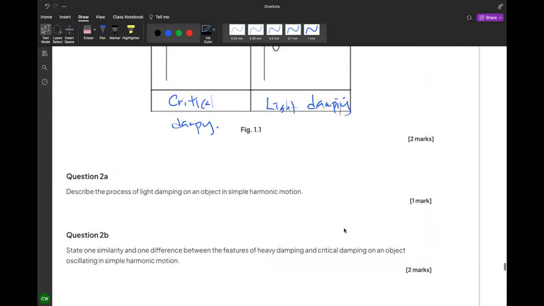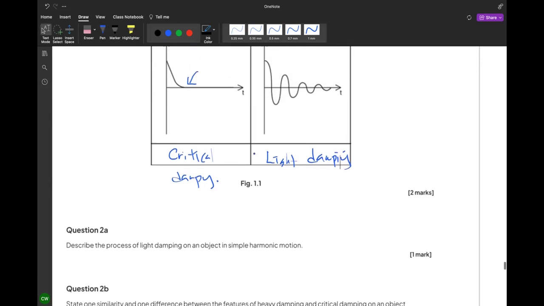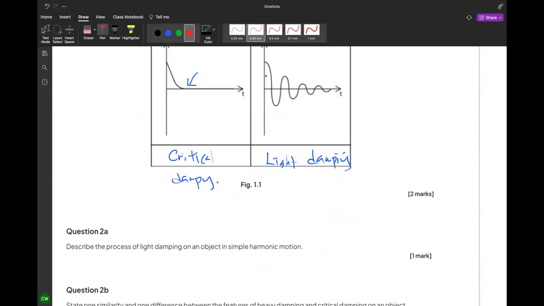Describe the process of light damping. How do you describe this kind of decrease? There's a name for this decrease. There's a keyword for this one. The way it decreases in this way. Gradually, not really.